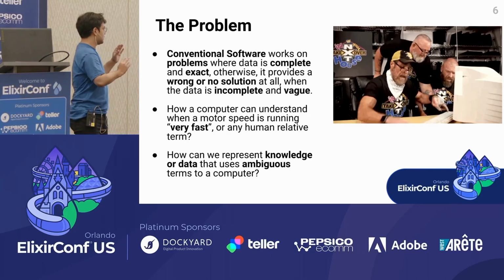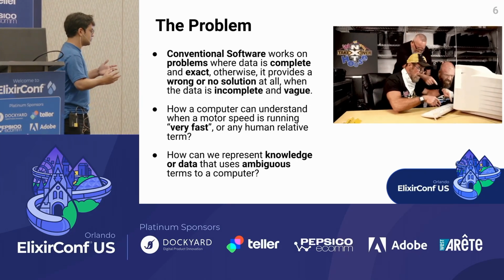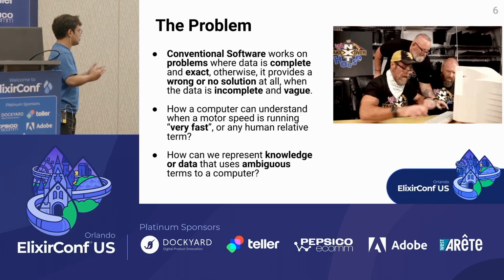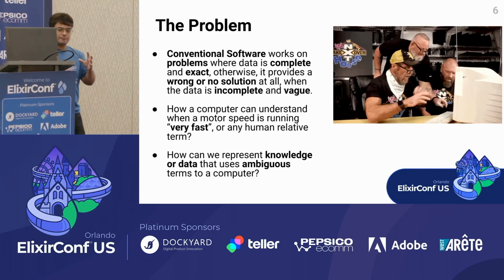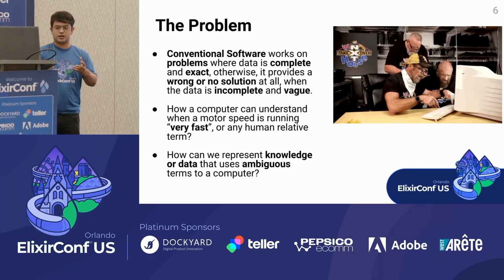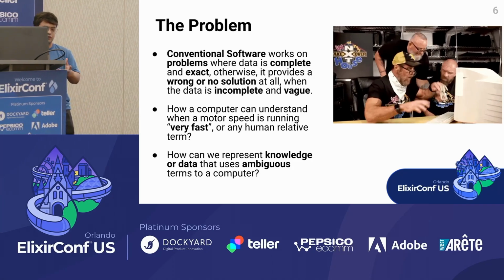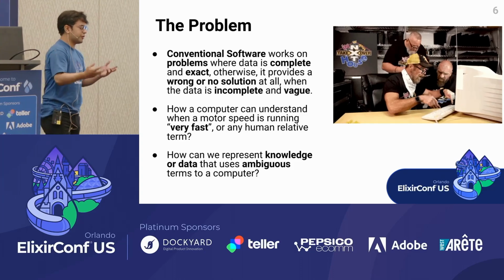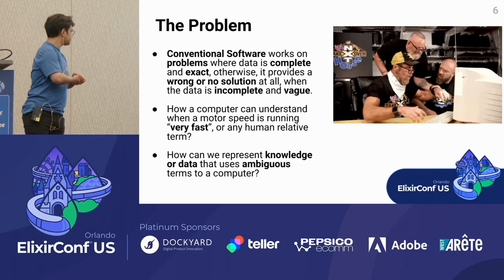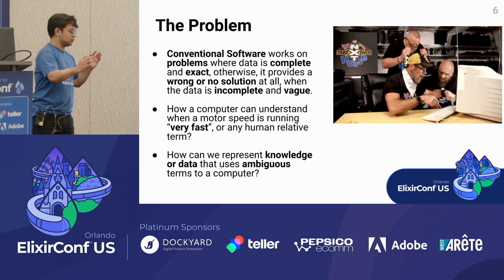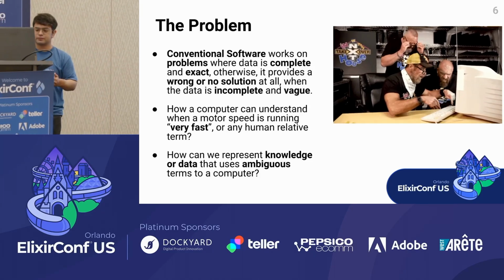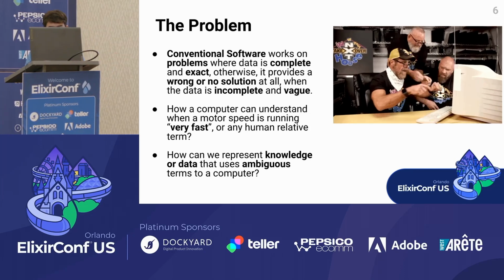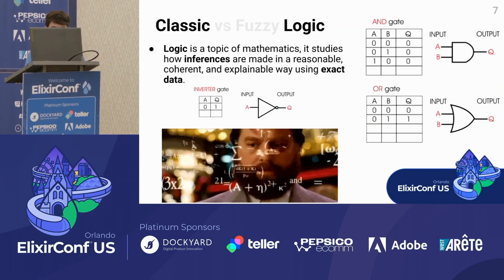So that's what fuzzy logic wants to solve or help you handle. These terms are based on human knowledge. Therefore, we need a framework to help us make the computer understand the knowledge of the human. So that's the problem that fuzzy logic aims to solve.